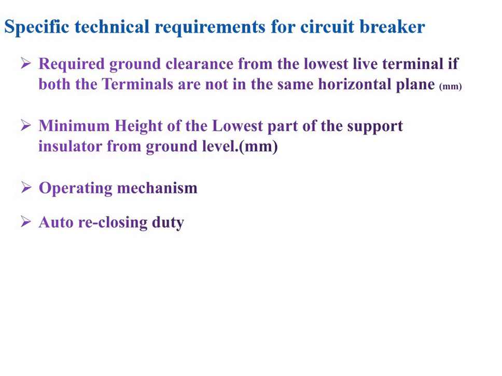Then we can easily know that this fault is permanent, not temporary. If the fault is temporary, then the circuit breaker will close the contacts and there will be no tripping again. So generally single or in some cases double auto reclosing duty is preferred.